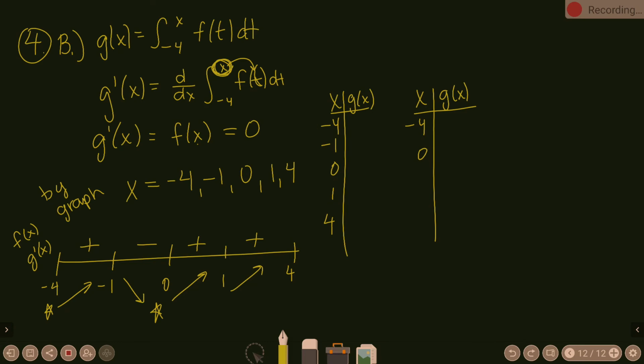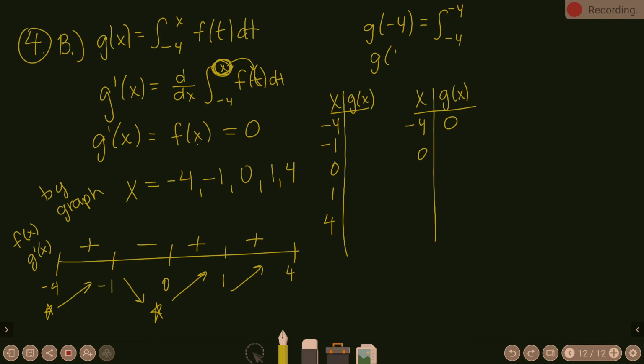Okay, so for g of negative 4, realize g of negative 4 is doing the integral from negative 4 to negative 4. What's an integral when your top and bottom boundaries are the same? 0, right? Because the area under the curve from negative 4 to negative 4 is non-existent. So it's 0.